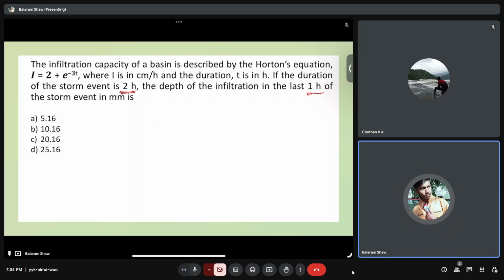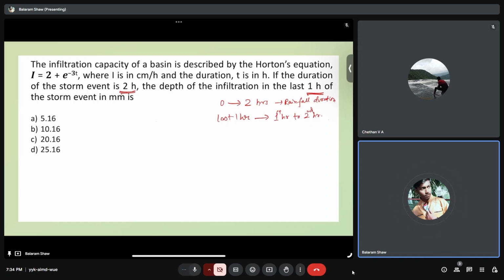Rainfall has happened from 0 to 2 hours, and the last 1 hour means the first hour to the second hour.